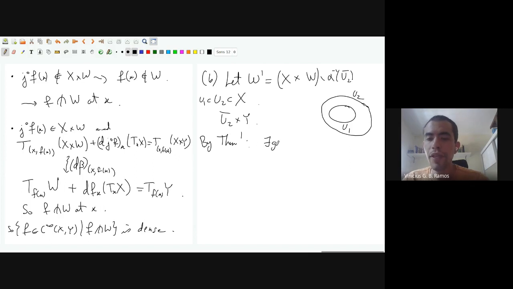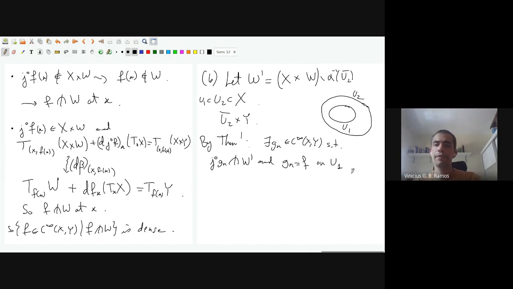So basically, by the theorem prime, we can construct a sequence of functions g_n in C infinity such that J0 of g_n is transverse to W prime, and g_n is equal to f on U1. And hence J0 of g_n is transverse to X times W off of U2.